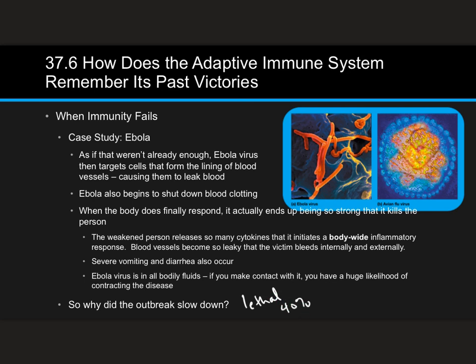We knew to stay away from it. We were able to contain it. We were able to track it. And so it slowed down to the point where if it's going to pop up again, we know exactly how to deal with it. We're going to see that COVID-19 has the opposite problem, where it's lethal enough that it's dangerous, but not so lethal that it can't spread. So we'll talk about that tomorrow.